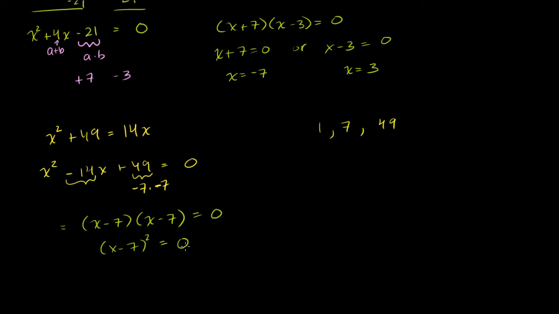And if x minus 7 squared is equal to 0, take the square root of both sides. You'll get x minus 7 is equal to 0. I mean, we could say x minus 7 is 0 or x minus 7 is 0, but that'd be redundant. So we just get x minus 7 is 0. Add 7 to both sides, and you get x is equal to 7. Only one solution there.